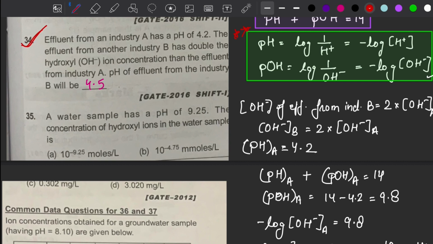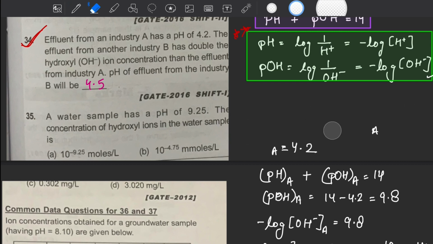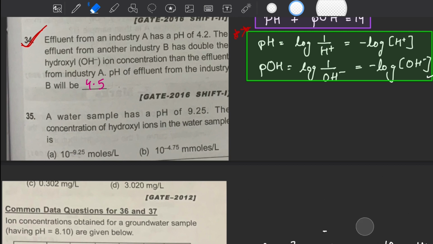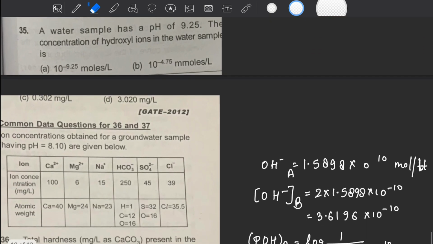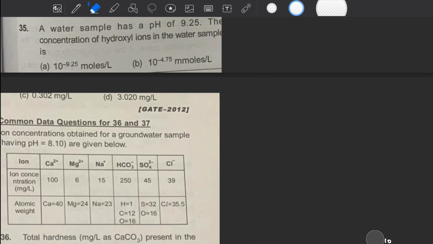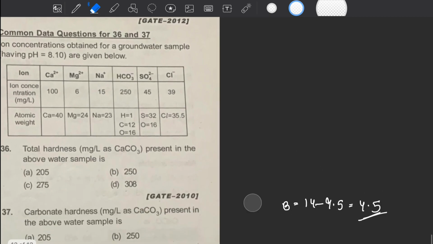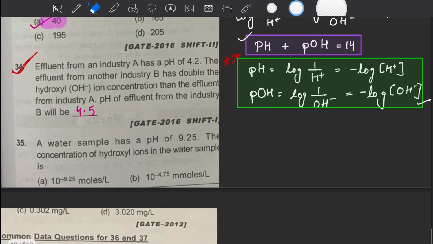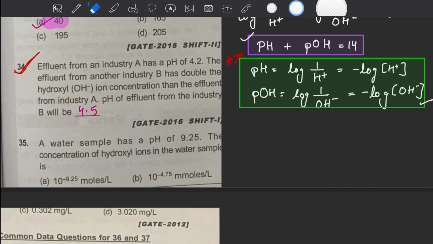If we have done question number 34, 35 will become easier, right? So let's do this. Concepts are same.